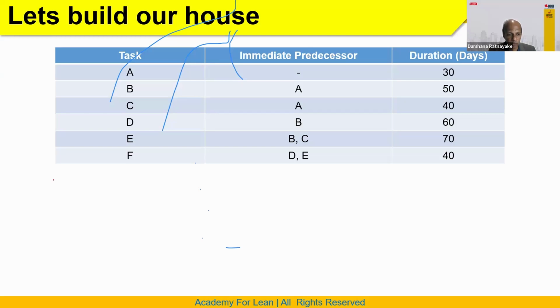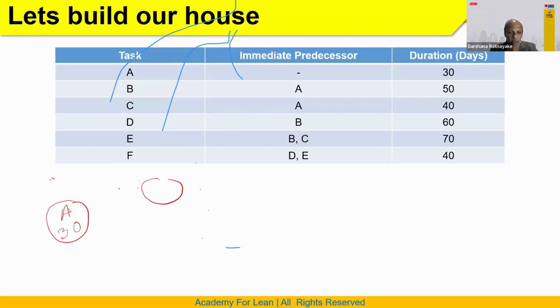Let's say task number 1, task A. We need 30 days. Then task B. To do task B, we need to complete task A. So we draw it here.